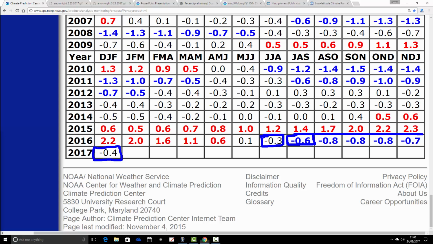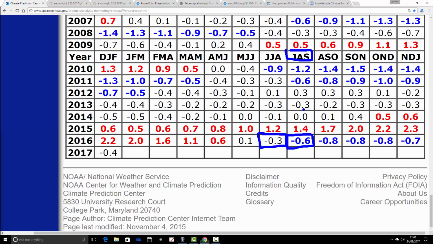That's the reason I'm a bit curious. That's quite a big jump from that tri-monthly period just there, June, July, August, which was minus 0.3. That's quite a big drop down to the next tri-monthly period, July, August, September, which goes down to minus 0.6.